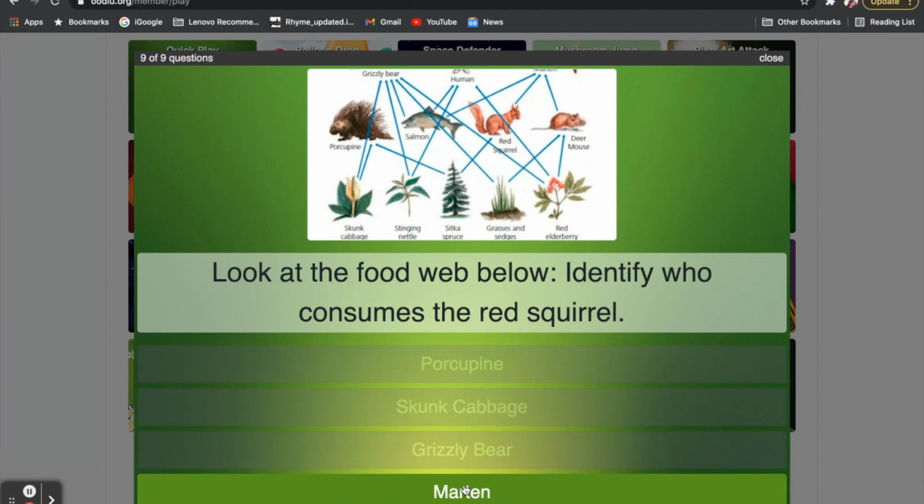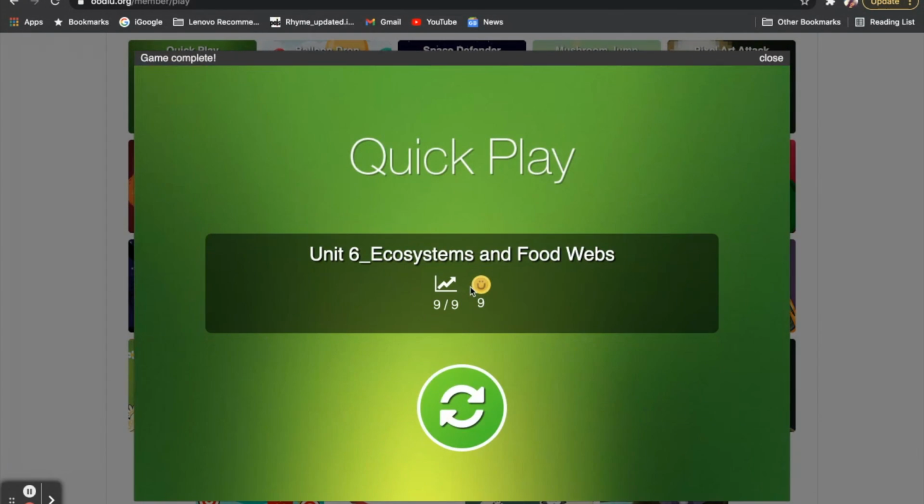Good job. So if you were able to answer these questions and got them correct, you are going to do very well on the test. Remember, you can always study using Odaloo. If you would like to take another practice test by yourself, you are more than welcome to.